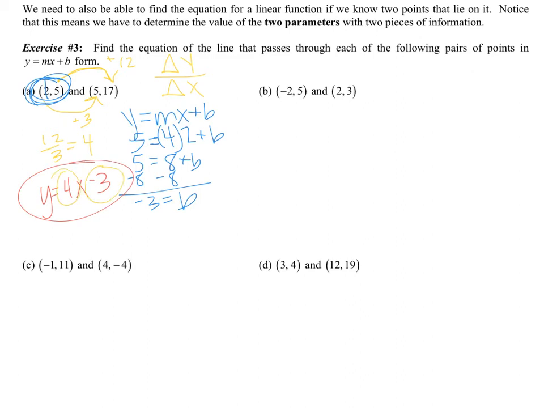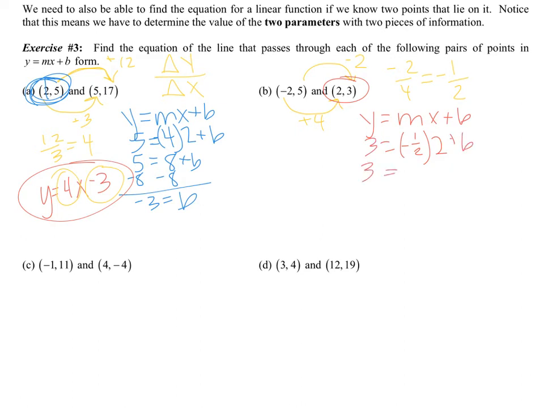All right, next one. From y to y, 5 to 3 is -2. Now from x to x, -2 to +2 is +4 places. So -2 over 4 reduces down to -1/2. I'm going to choose this coordinate point just because I'm not dealing with any negative numbers this time. And instead of y equals mx plus b, we found that my m is -1/2, our x is 2, and our y is 3.